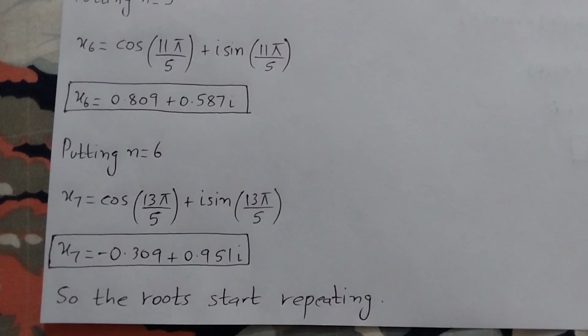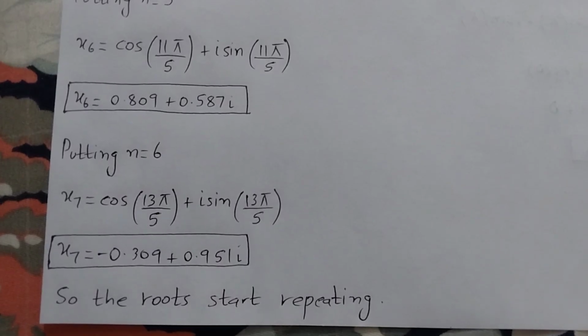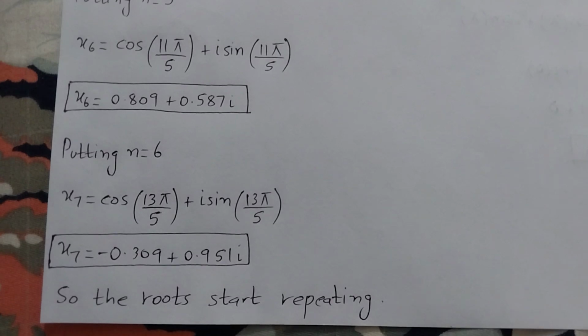So we had the equation x to the 5 plus 1 equal to 0, and the coefficients are just 1 and 1, which are real. So that means that the complex roots for our equation will be in the form of pairs, and they'll be complex conjugates.